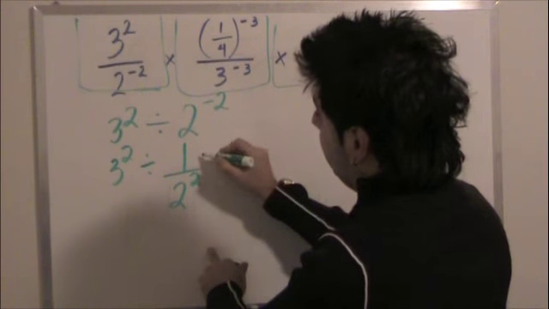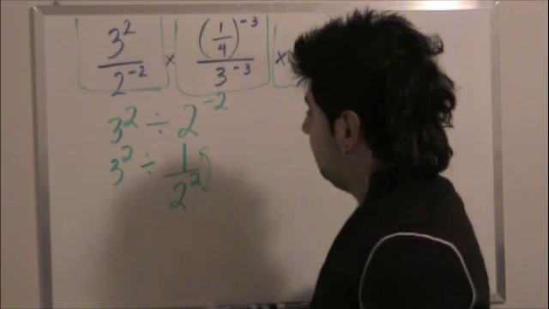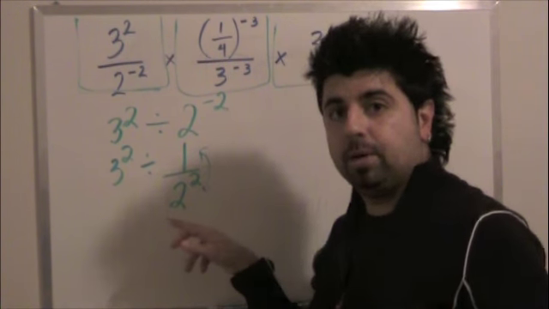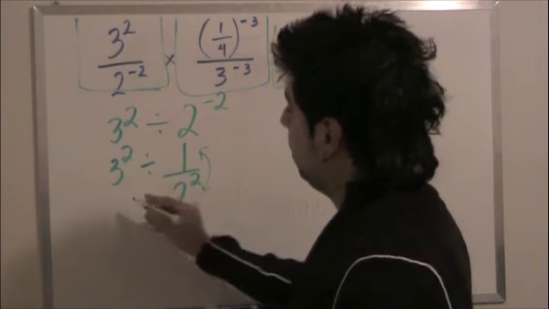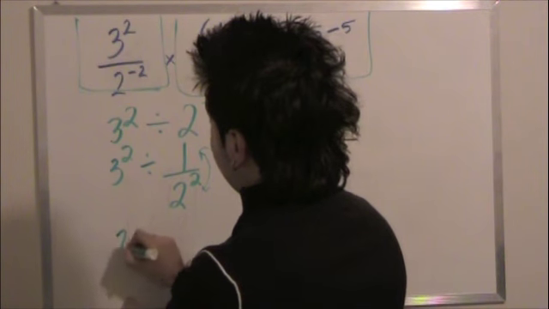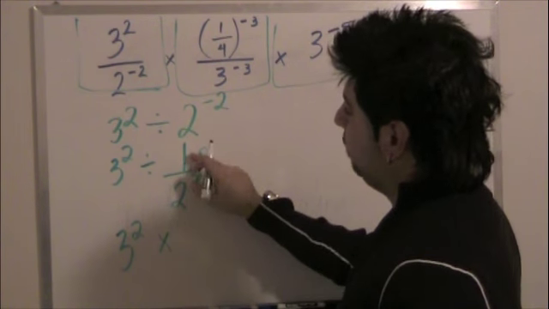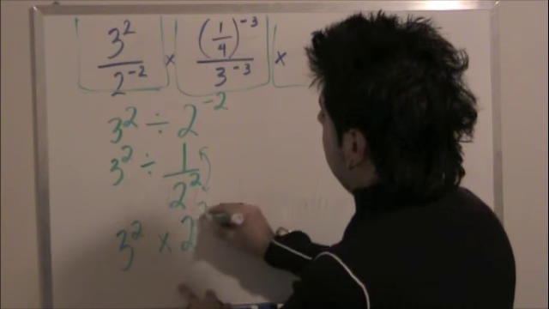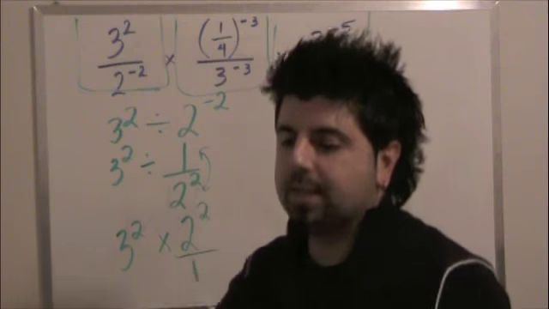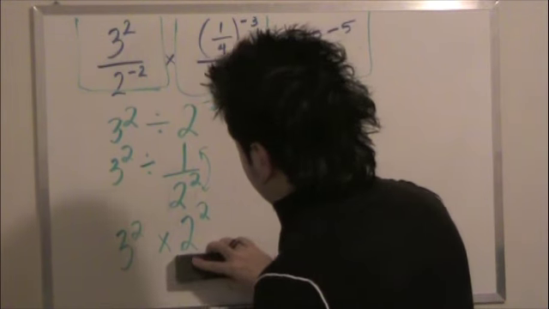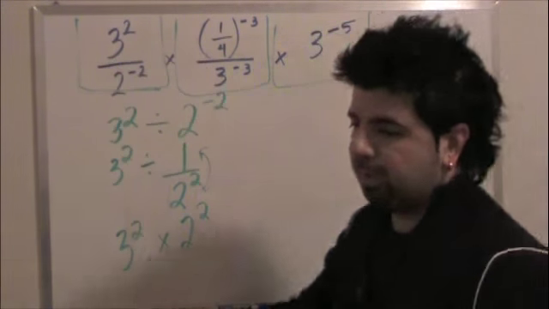So we're going to reciprocate the numerator and denominator in this fraction, and change this division into multiplication. So we're going to have 3 to the power of 2 times 2 to the power of 2 over 1. But we're not going to need that over 1 because anything over 1 remains the same. So let's remove that. That will represent this first part.